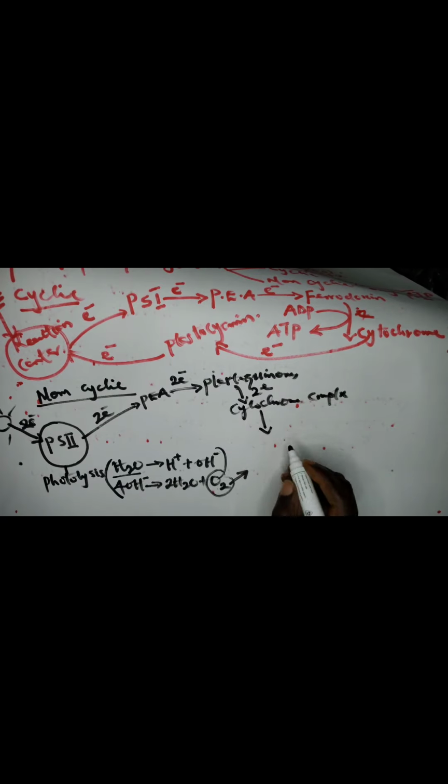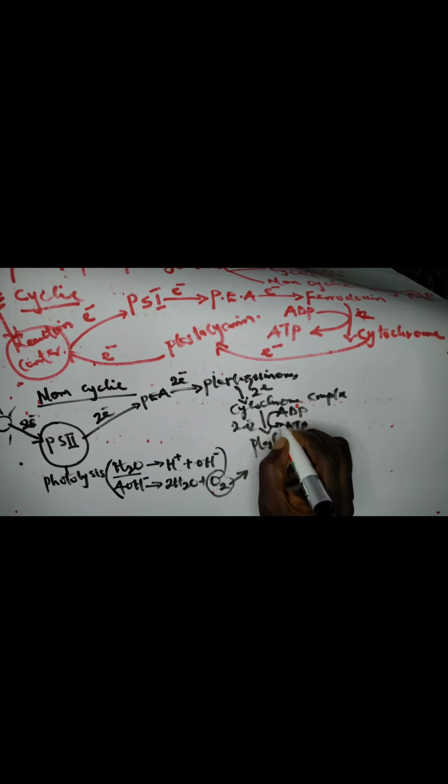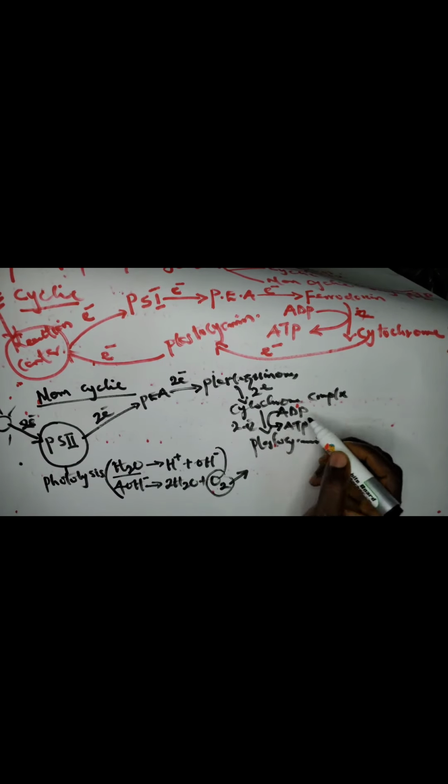Then from cytochrome complex, it will pass down to plastocyanine. Then, during the process of passing down from cytochrome complex to plastocyanine, we have the conversion of ADP to ATP as well.